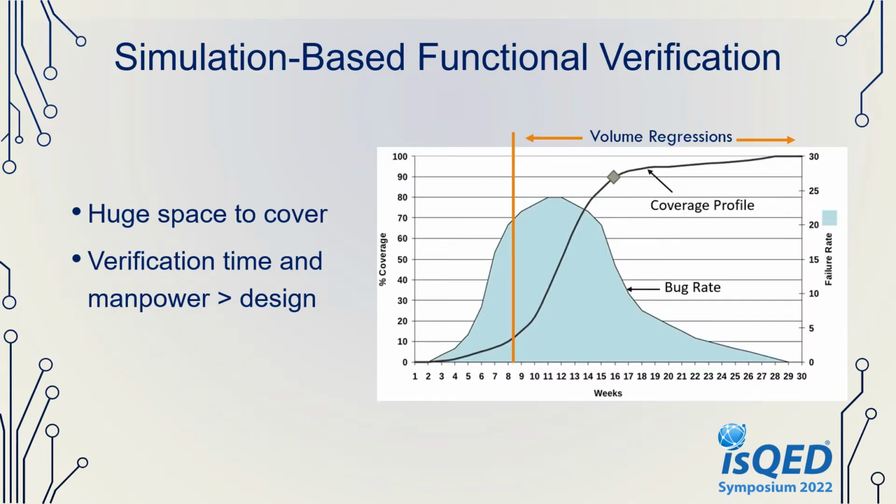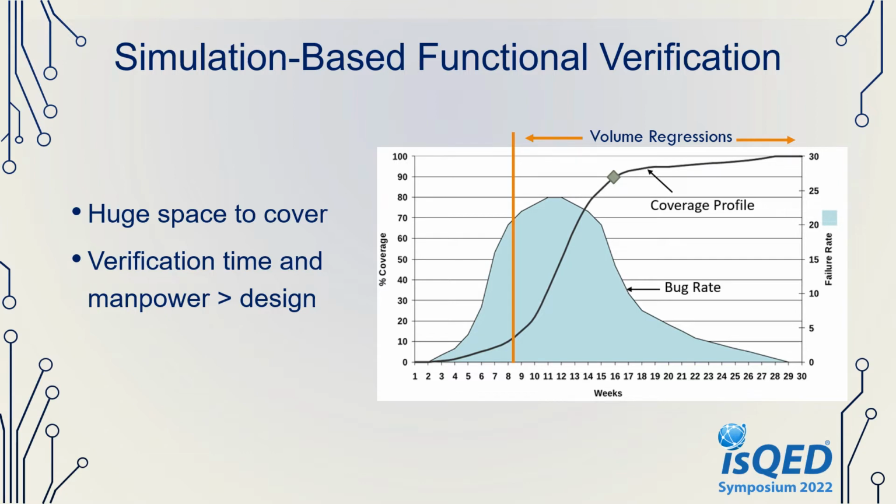Functional verification is mostly realized through simulations. That is to provide input stimulus to an RTL design and then analyze the output response to see whether or not it is the same as the correct answer.